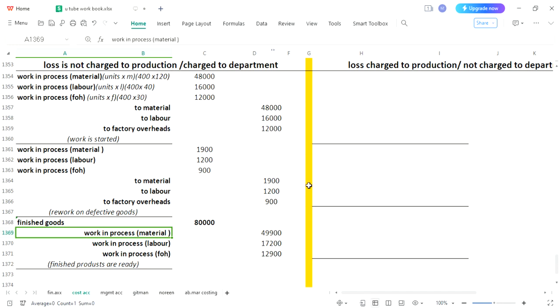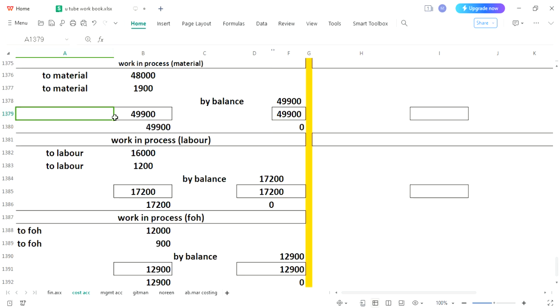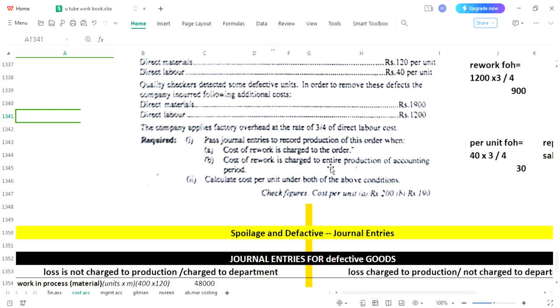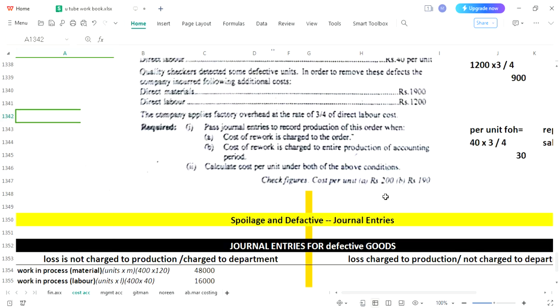So the total cost for finished goods we have calculated is 80,000, and 80,000 divided by 400 gives our per unit cost of 200. Let's check the answer. Cost per unit for part A is 200, so it is matched. So the first part was not charged to the production, charged to the department. So charge to the order or charge to the department, first part is completed.